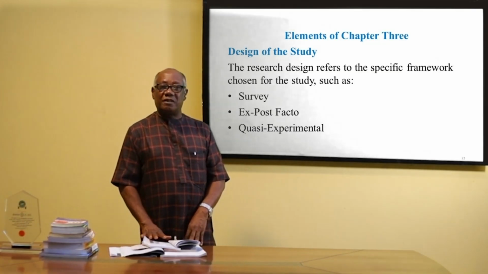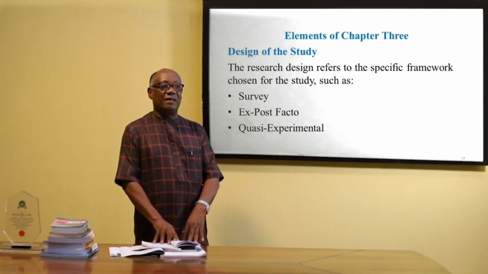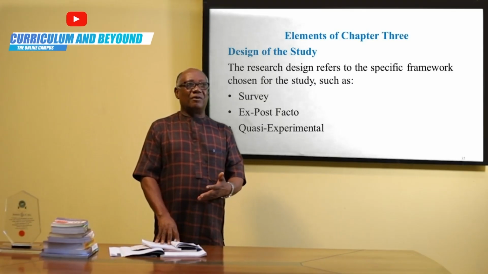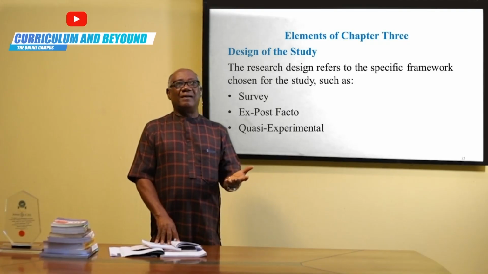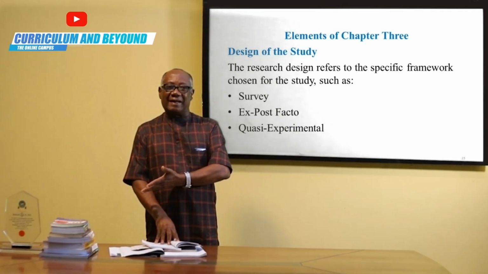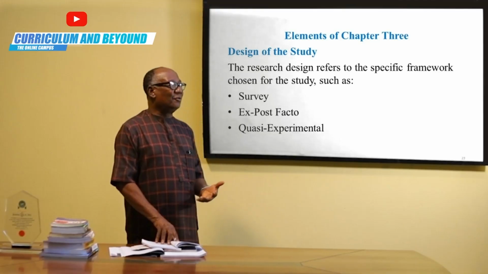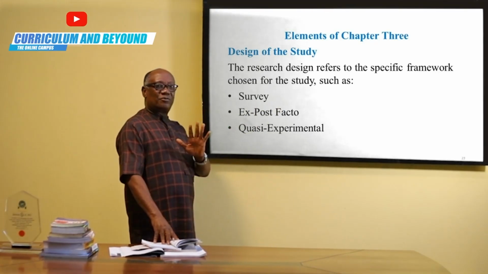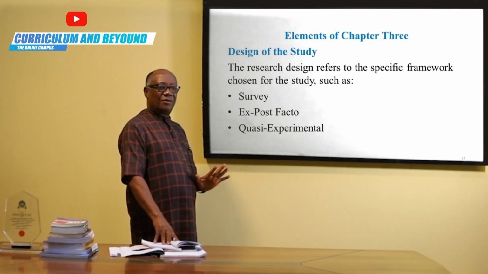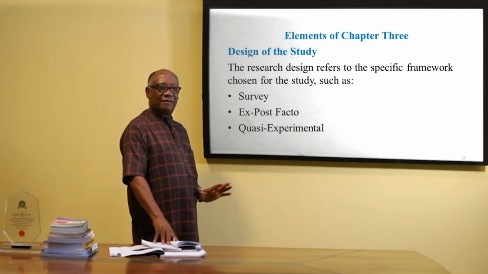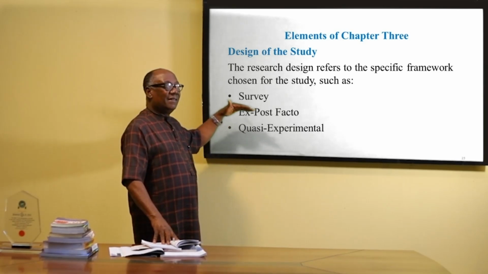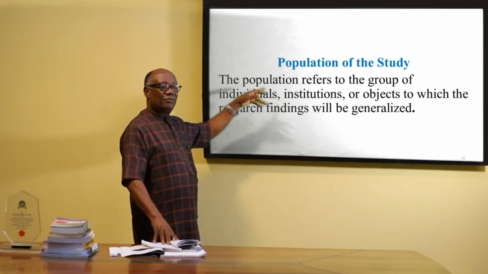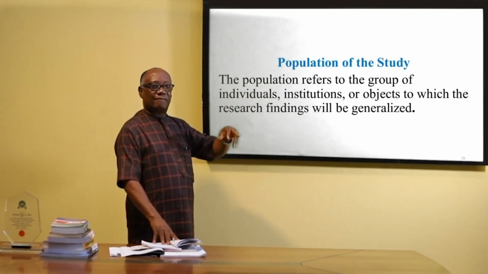Don't quote authorities. Don't say, according to Bruno, research design is defined as this. According to Nwogo, research design is design, and you don't go into all that. Don't mention any authority. Then the next thing is the second level of chapter 3, which is known as population.